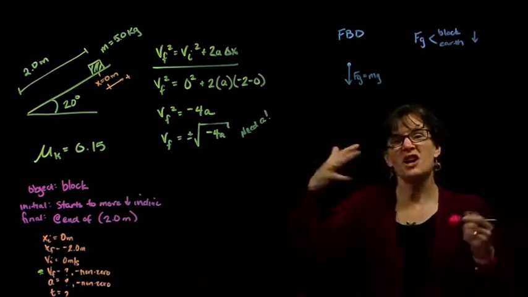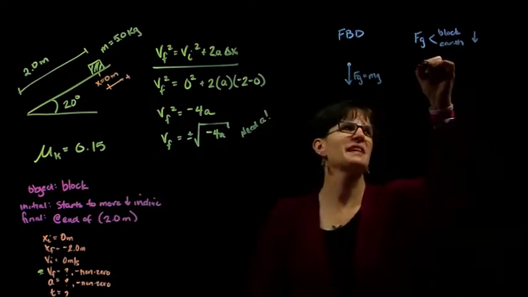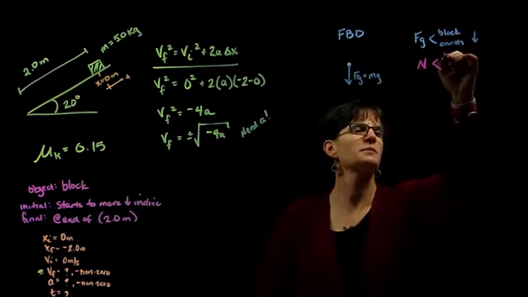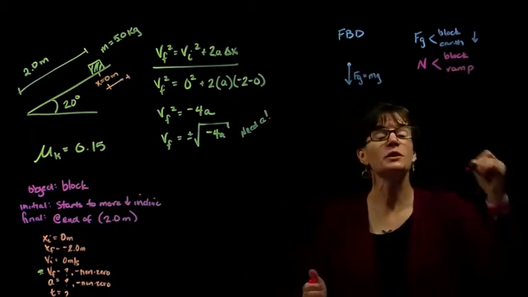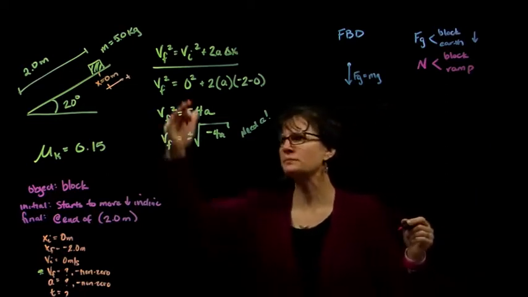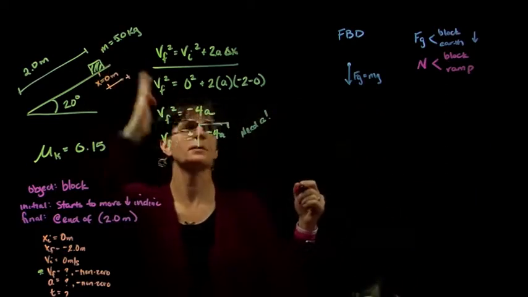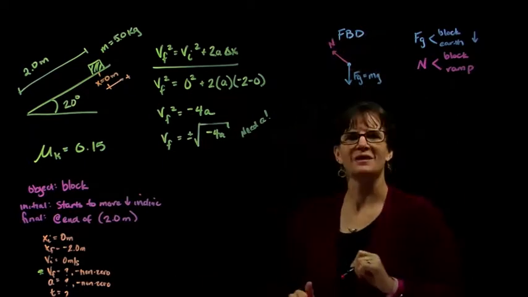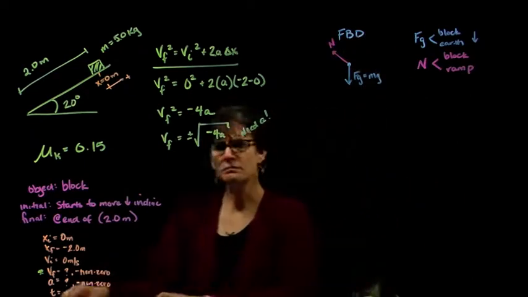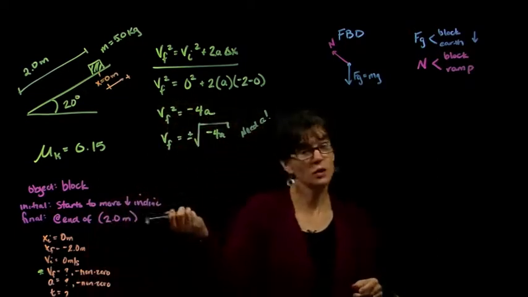The block is also interacting with the ramp itself. So we have the normal force, that's between the block and the ramp. And it's always perpendicular to that interaction. So here's my ramp. Well, perpendicular to that ramp is going to be up and to the left, like that. Well, we're told there's friction on the ramp.